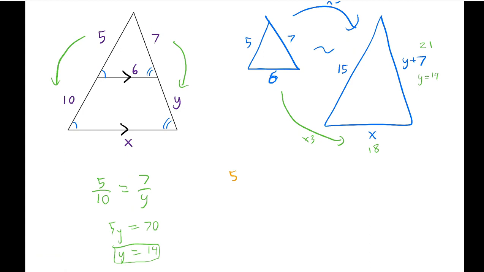go, 5 is to 10 as 6 is to x. That is not what the triangle proportionality theorem is. These are entire side lengths of the triangle, and so those entire side lengths are proportional to entire side lengths. So you could correctly say, over here on these right diagrams, 5 is to 15 as 6 is to x.